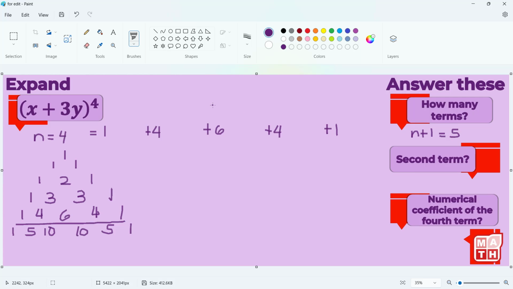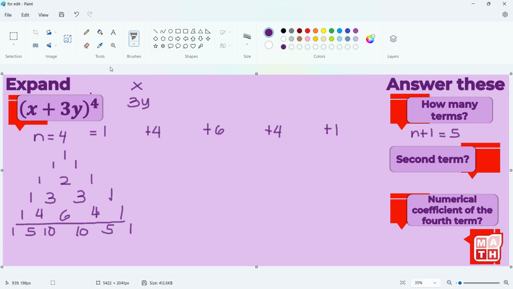And speaking of terms, we have x here, and the second term is 3y. After we are done plotting these terms from our Pascal's triangle, we are going to use this concept. These two terms of our binomial expression will be expressed with exponents in a specific order.